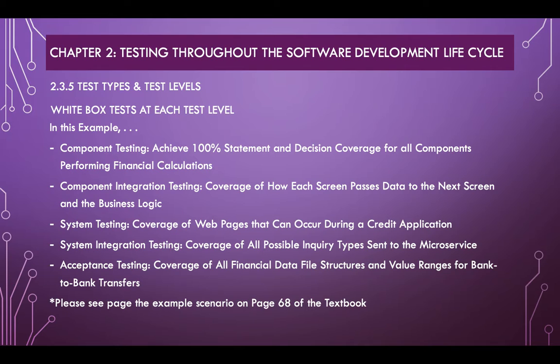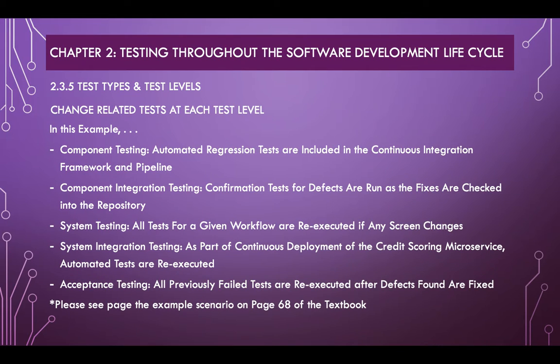System testing, coverage of web pages that can occur during a credit application. System integration testing, coverage of all possible inquiry types sent to the microservice. And acceptance testing is coverage of all financial data, file structures, and value ranges from bank-to-bank transfers. Again, you can see this on page 68.